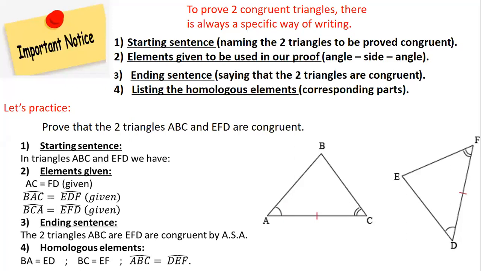Please, Adam, read the question. Prove that the two triangles ABC and EFD are congruent. So, Adam, you are given two triangles, ABC and EFD. Before we start solving the question, do you see marked sides or angles in triangles ABC and EFD?